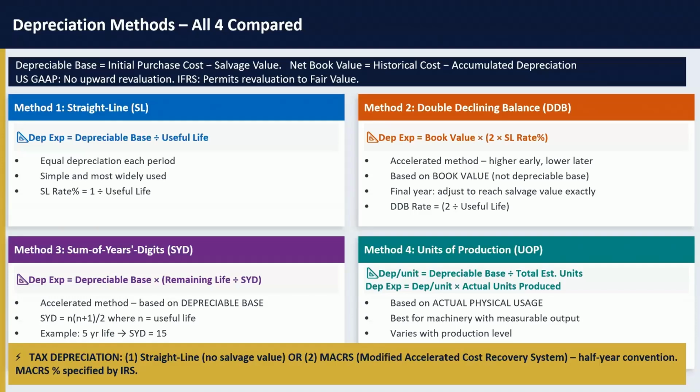And in US GAAP, there is no upward revaluation. What does upward revaluation mean? Let us say I am entering my asset as 10,000 today, and in the market, my asset's actual value is 12,000. I can't revalue it upwards. That means I can't increase the value of the asset in US GAAP. Not at all possible. But if it is IFRS, we can do it. You know why? Because in US GAAP, there is a compulsion that only historical cost should be used in the valuation of assets.